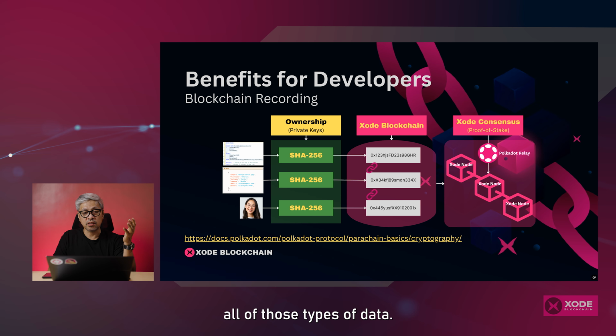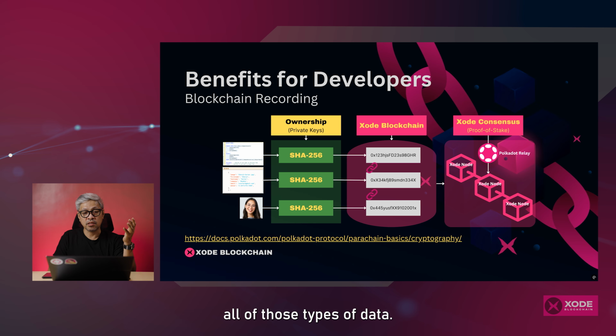Those data are then encrypted, including the owner of that data. So each owner will have their own private key. You cannot access the blockchain without your private key. So with that private key plus your data, it is encrypted into one set of data, and what we call a hash data of a record in the blockchain.